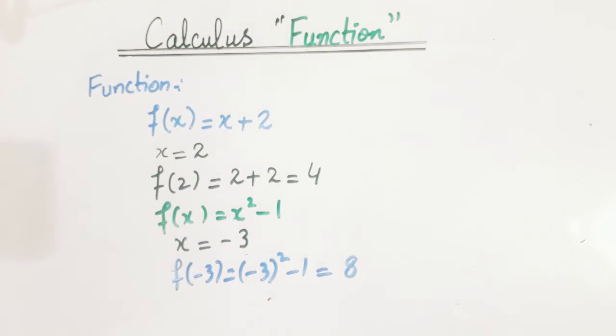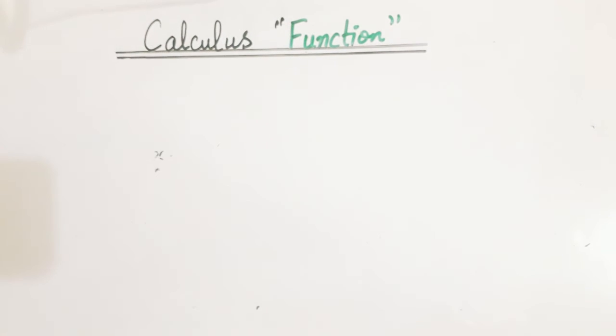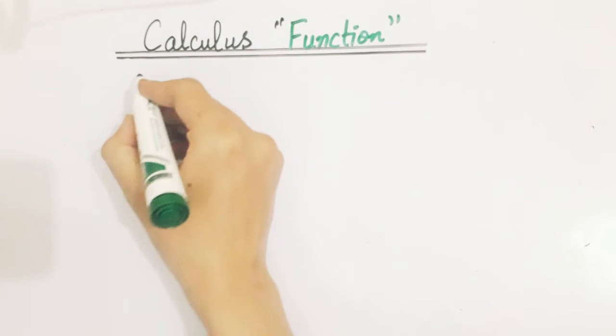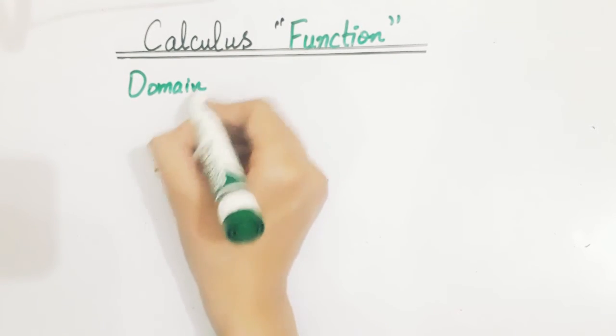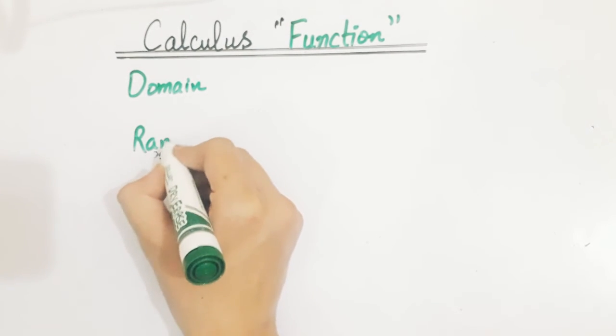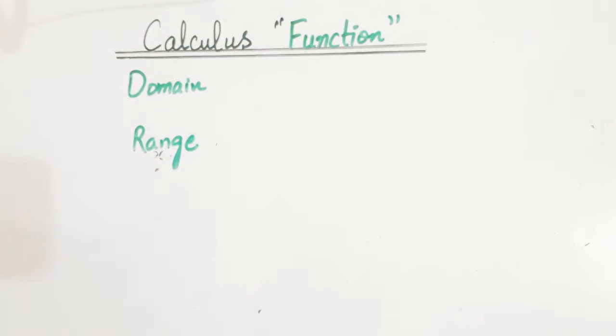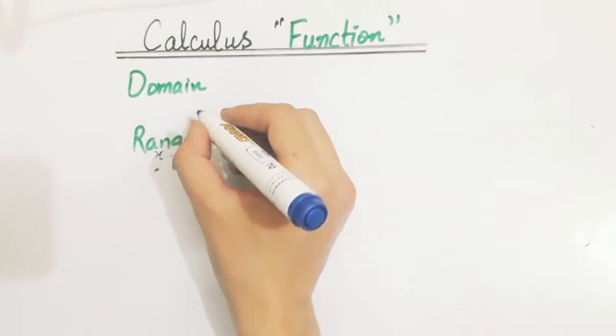Now we will understand the next topic. Many students are confused about the domain and range of a function. Now I will tell you a clue to solve this: what is a domain and what is a range.